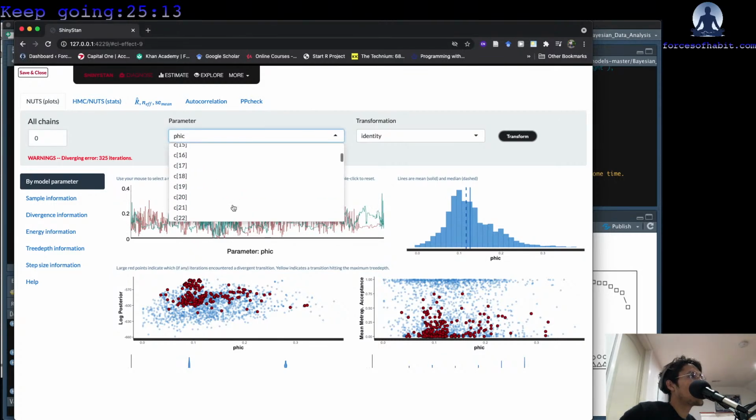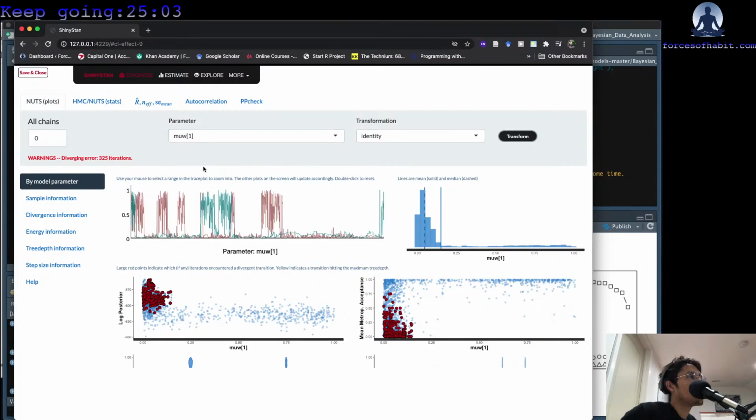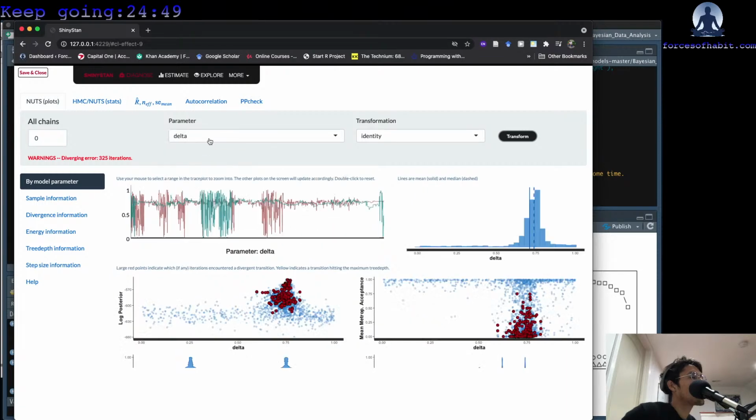But let's take a look at something like the weighting for each of the groups. But this kind of mixing makes sense using 0 and 1, right? So here's delta.